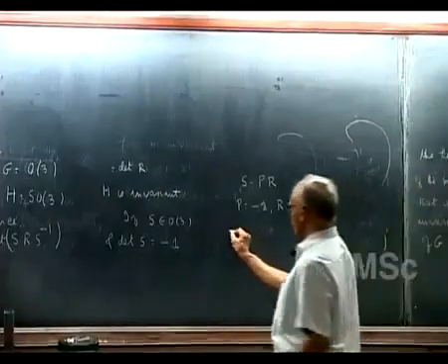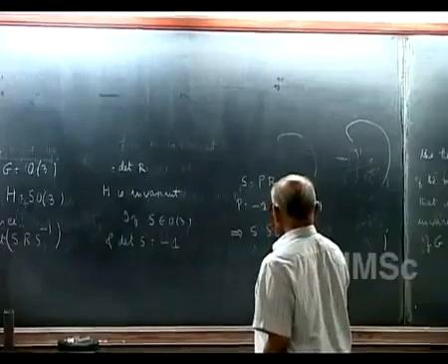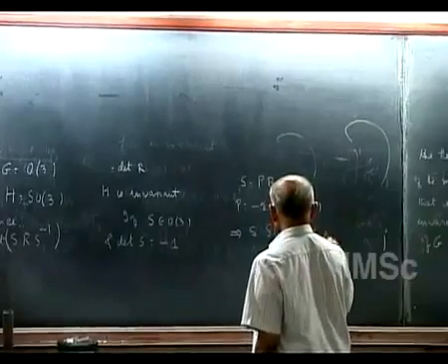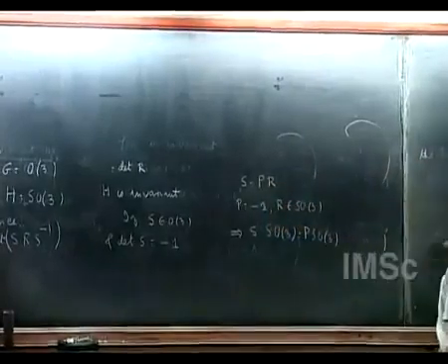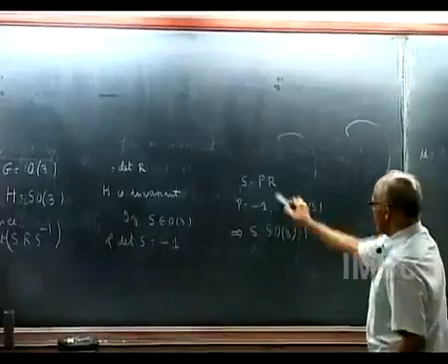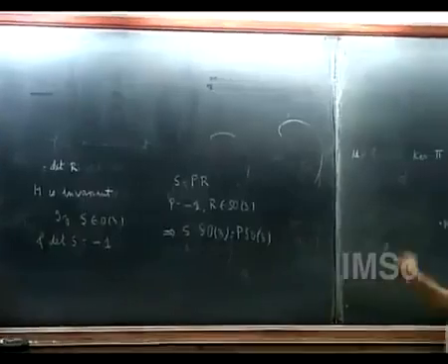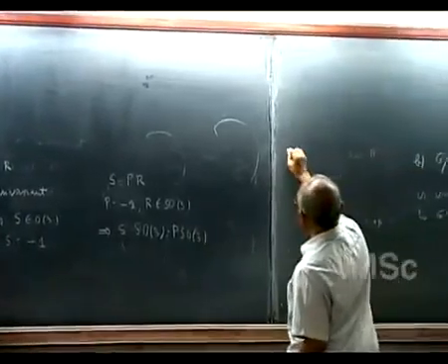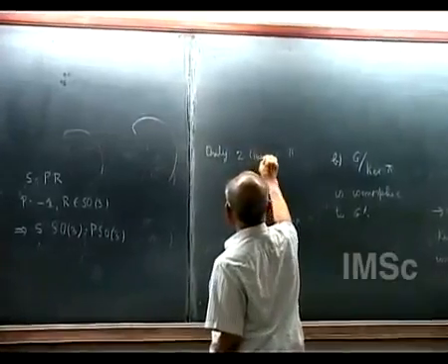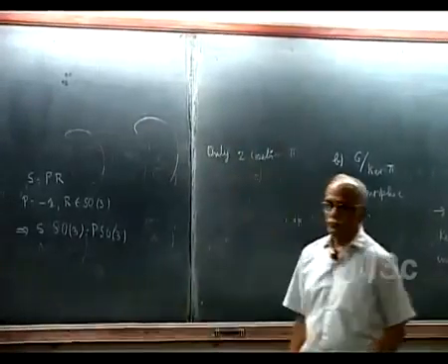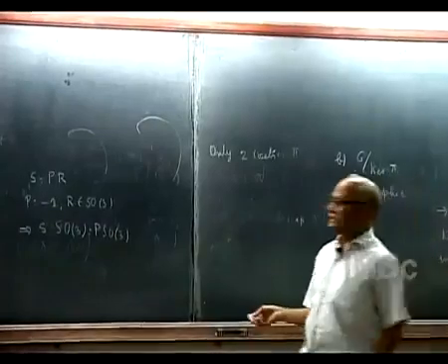Which implies S SO3 is P SO3, because this R here can be absorbed back here. So, there are only two cosets, namely SO3 and PSO3, and we can write down the multiplication table.